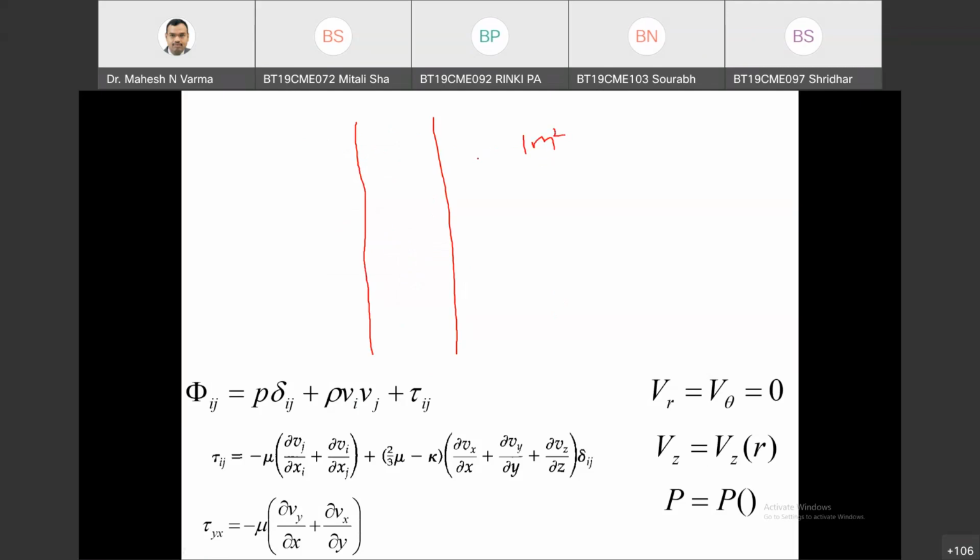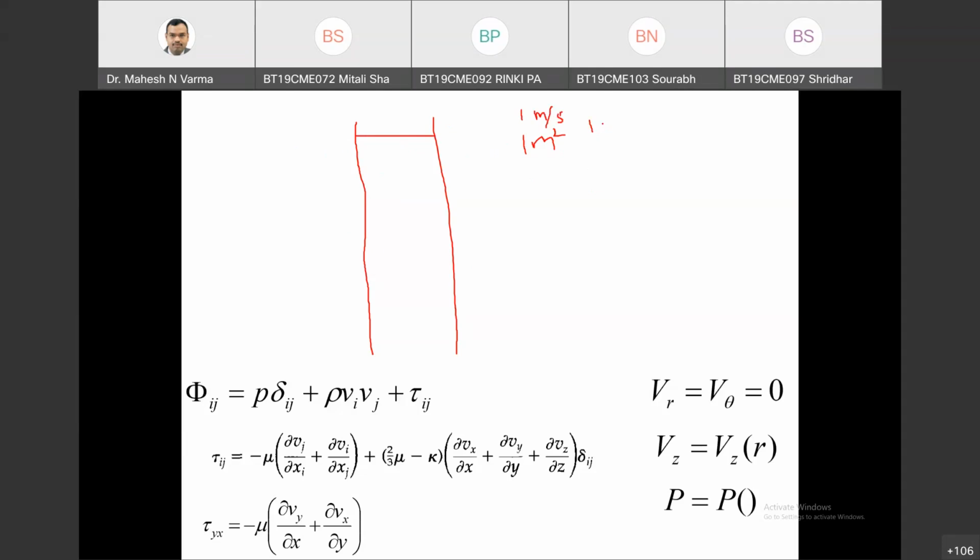And at this cross section, say velocity is 1 meter per second. Okay. So what will be the volumetric flow rate?